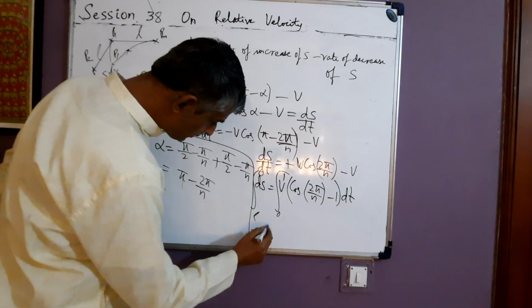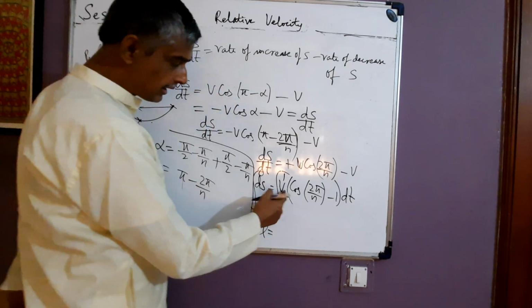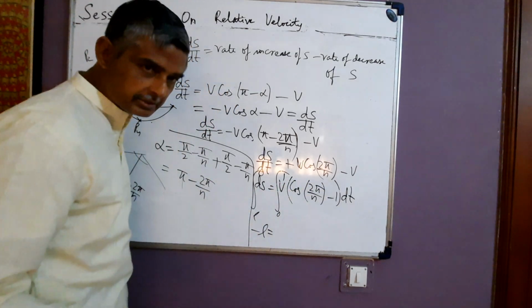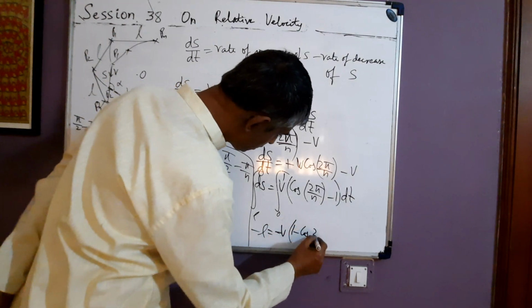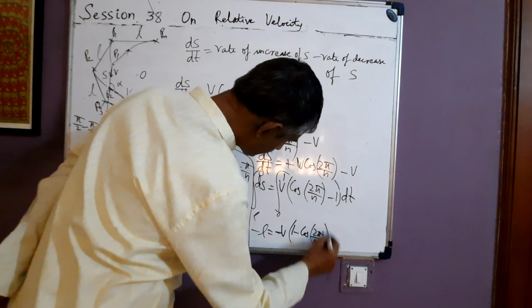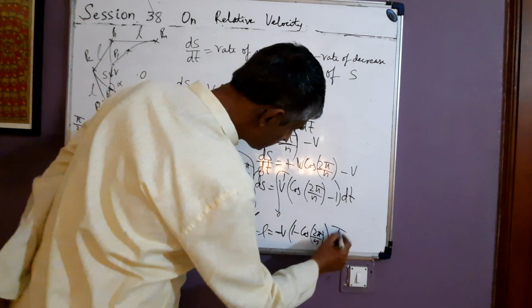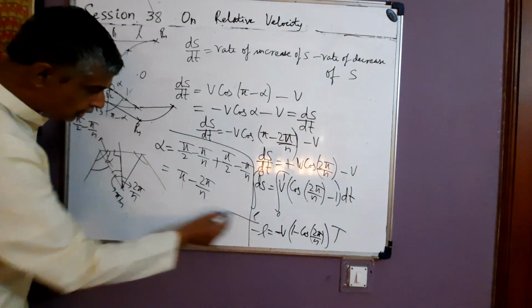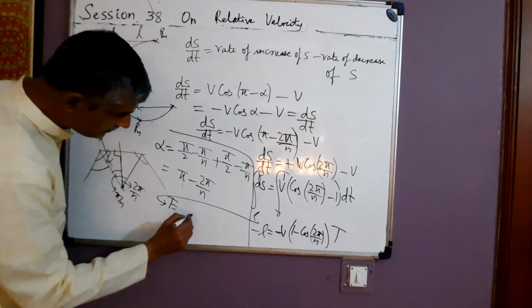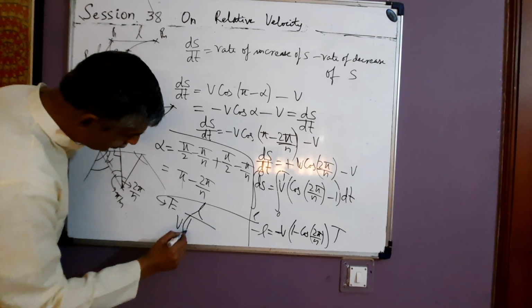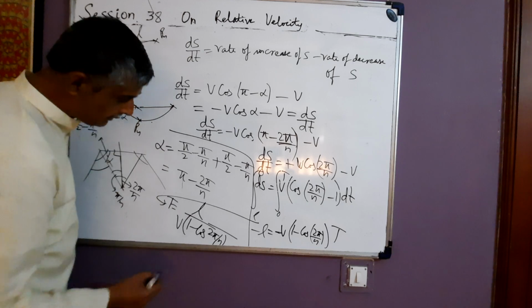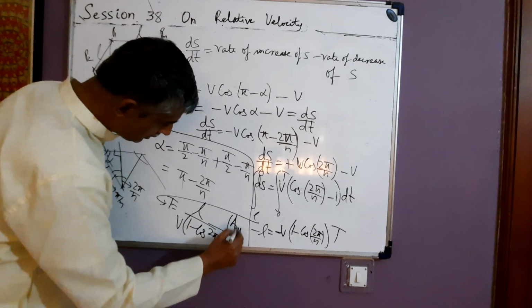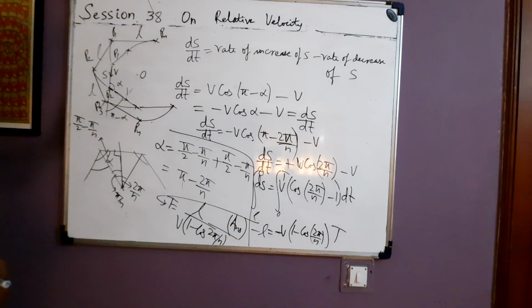On integrating, this becomes minus L. V and these are all constant quantities, they come outside the integral: minus v into 1 minus cos of 2 pi by n, into the integral of dt from 0 to t, which is just t. So on solving we get t equal to L by v into 1 minus cos of 2 pi by n, which is the required answer.